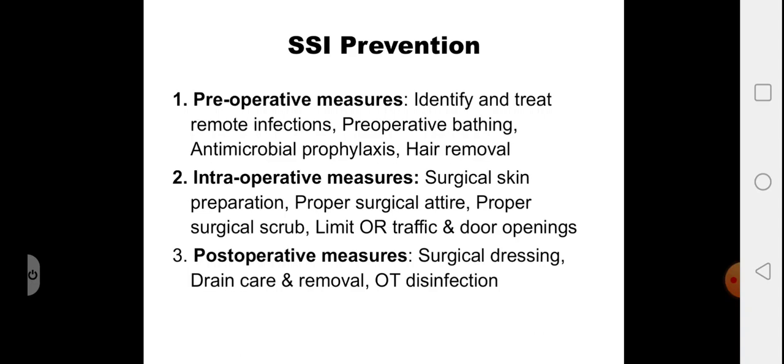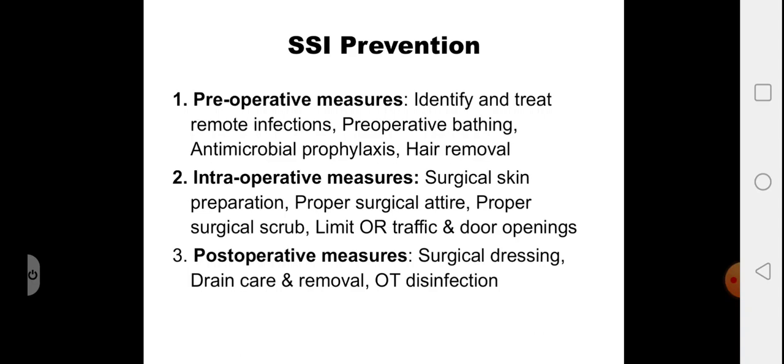And if there's huge blood loss also, we have to plan for redosing of the antibiotic based on its half-life. Then appropriate hair removal: actually not needed, but when there is hair at the operating site, it has to be clipped away but not shaved, because shaving causes micro abrasions in the skin and carries the risk of infection.